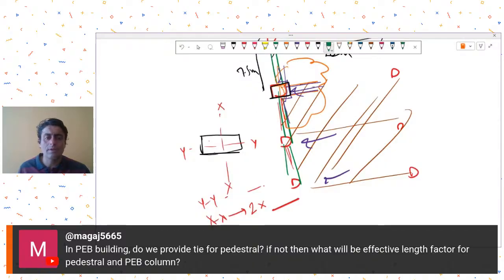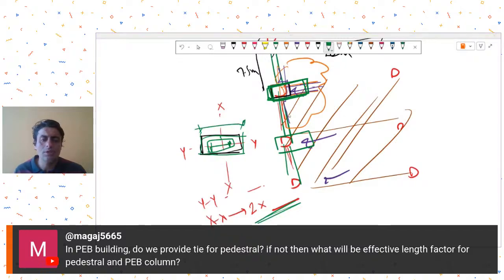Steel columns are large, and you have the base plate and have to leave the gap for it. The pedestal size that you get is usually oriented like this, so even if you take two times the unsupported length as the effective length about the x axis, it's not a problem because you get such a large dimension. So it's not a problem as such.